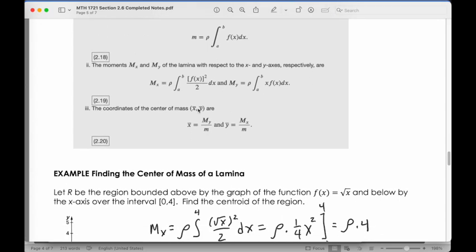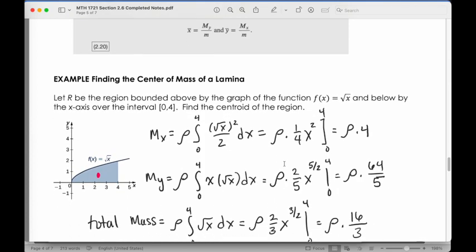And then again, to find your x coordinate, you take your My and divide by the total mass, which you get from up here. And then to find your y coordinate, you take your Mx and you divide by your total mass.